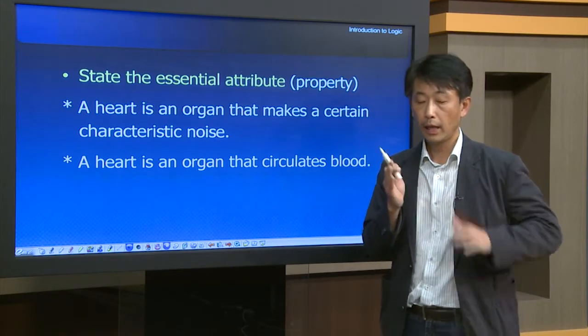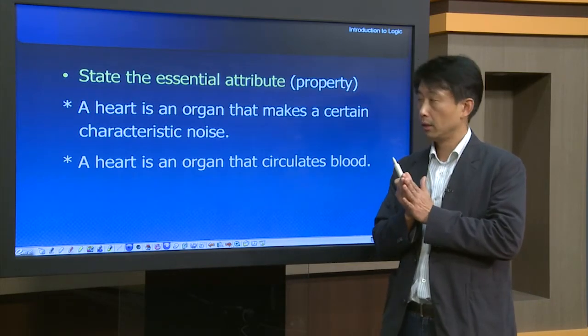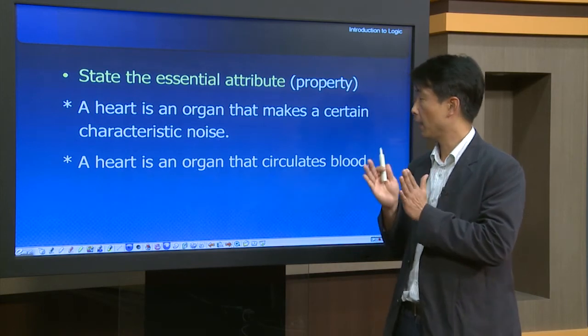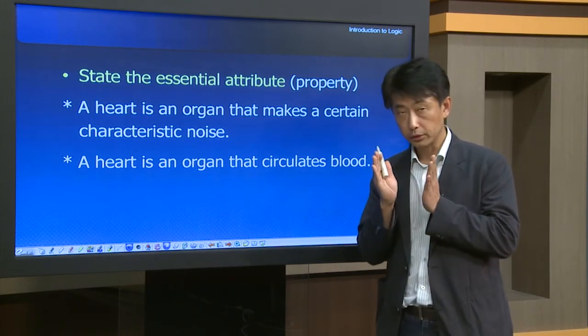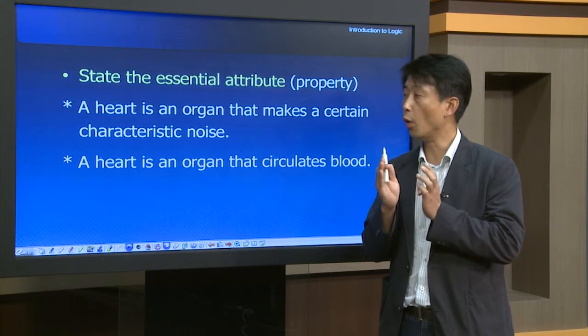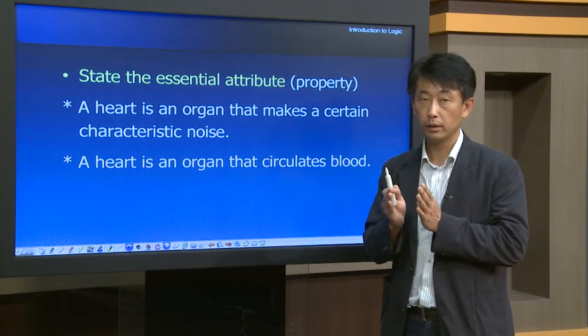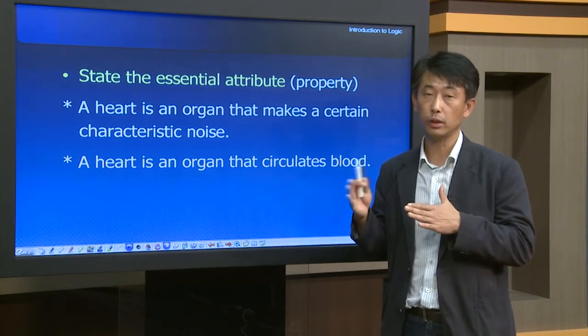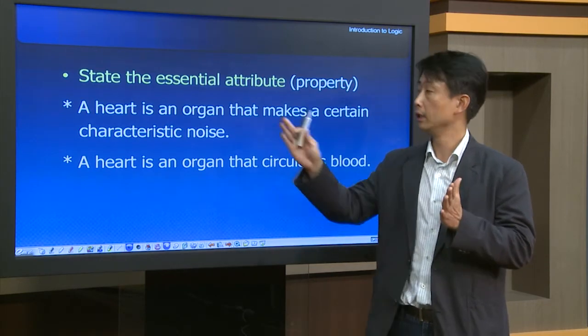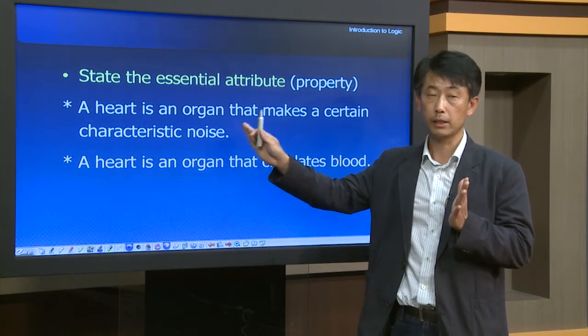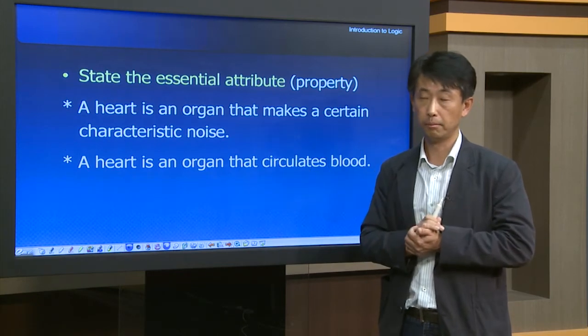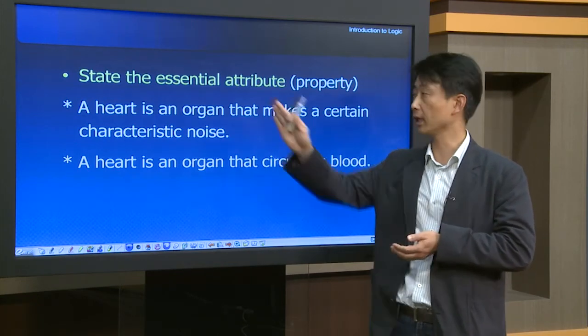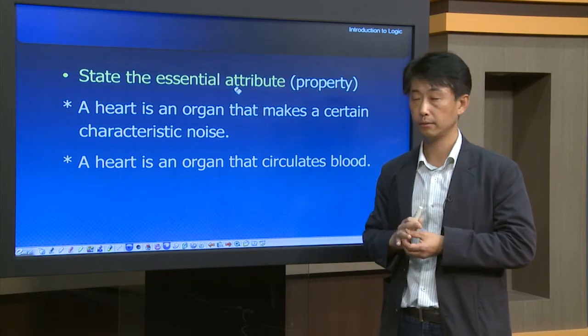Only the heart is the organ that makes that. So it's neither too broad nor too narrow. This definition can pass the first test, but it does not pass the second criterion.